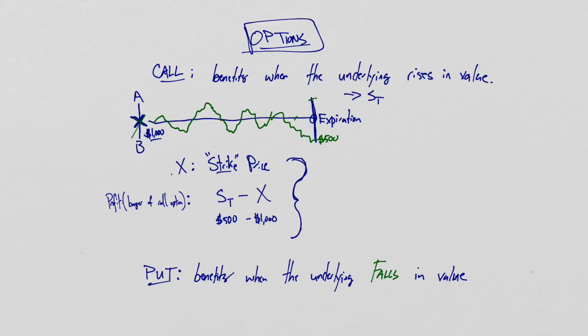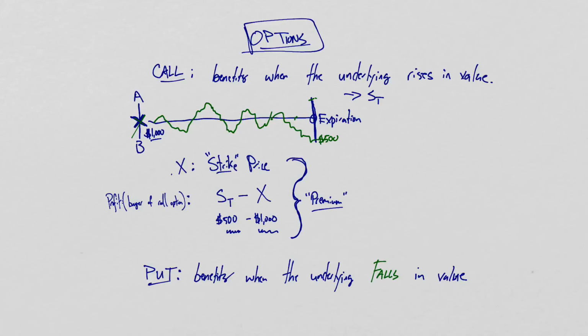For them, the profit is not just the difference between what the price ends up at and what the strike price is. They have this extra special insurance. And in fact, they pay a premium for it. That's a unique feature of a call buyer and a put buyer. They have to pay a premium, whereas a forward contract buyer and a futures buyer, they don't have that.